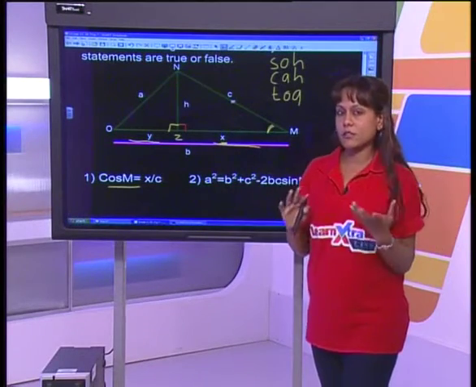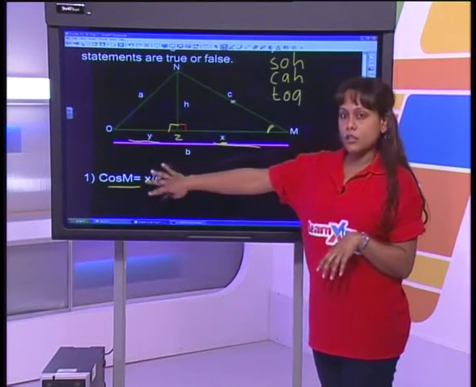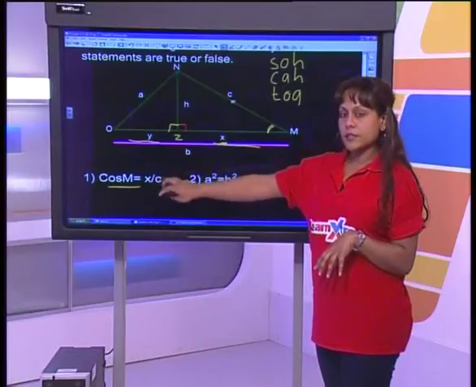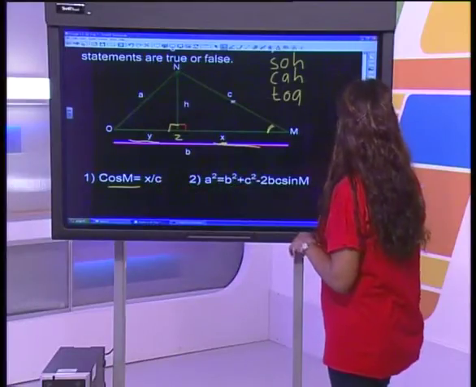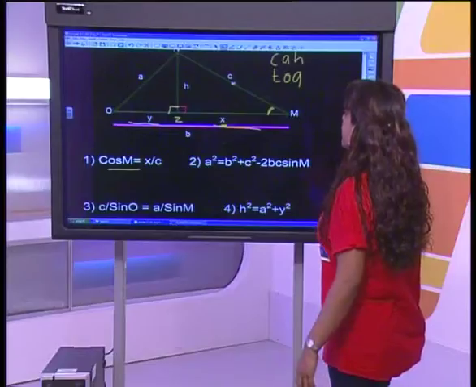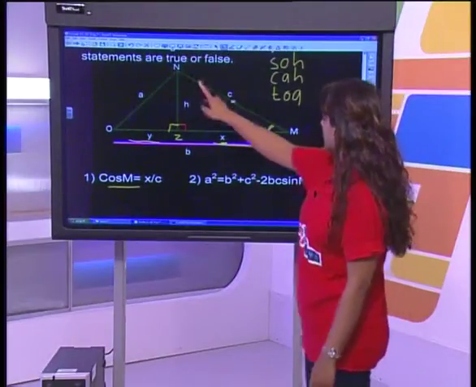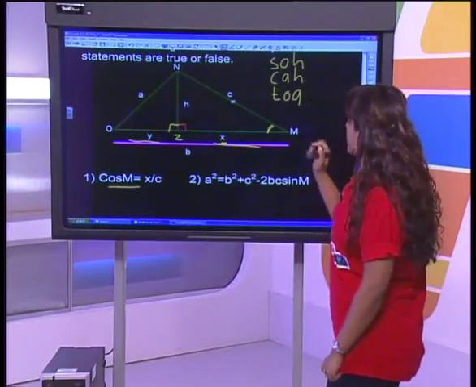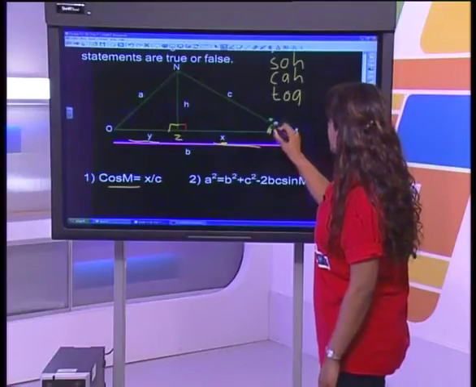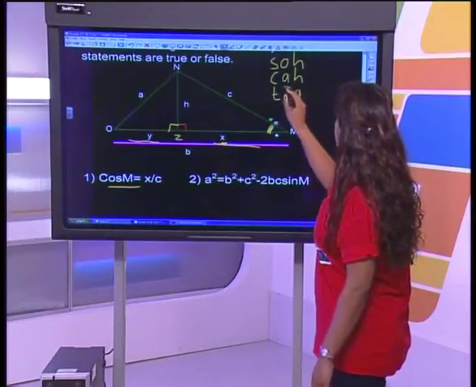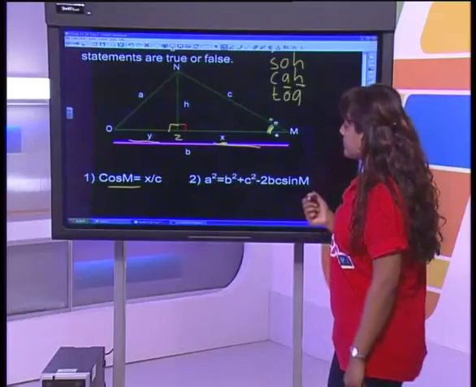It doesn't have a 90 degree, and we're looking at the SOHCAHTOA rule with the way this has been set out. So we know that restricts us to this triangle NZM. All right, so cos of angle M, remember your rules, cos is adjacent over hypotenuse.